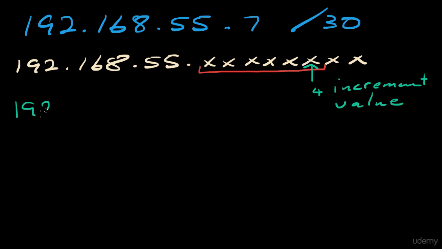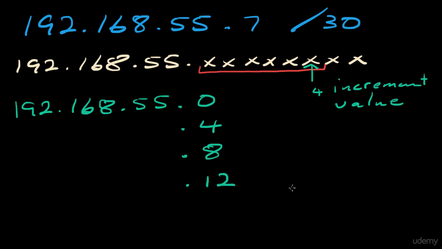So our network IDs are 192.168.55.0, .4, .8, .12. I'll stop right there. Where does .7 reside? .7 resides in between 4 and 8.